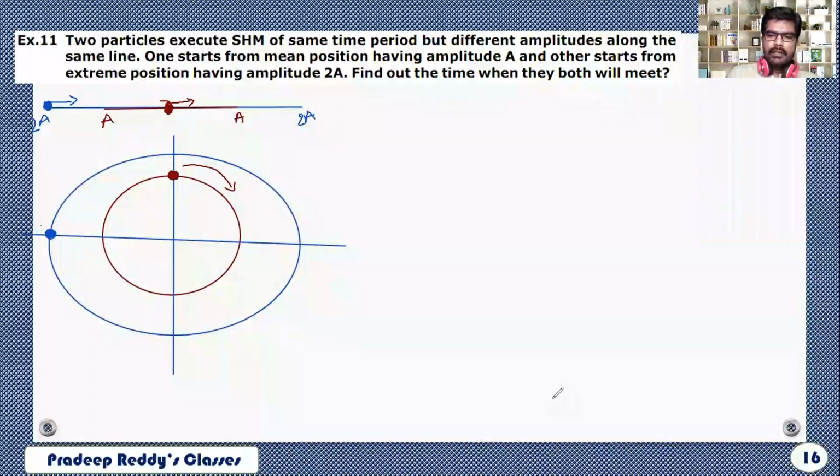Likewise, this particle is also going in this direction. At one time or another, see what the phase difference between those two is. The phase difference between these two particles is exactly 90 degrees, because one is starting at mean position and the other at extreme position.